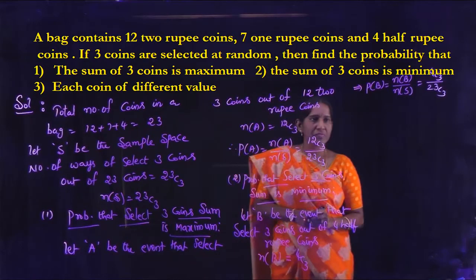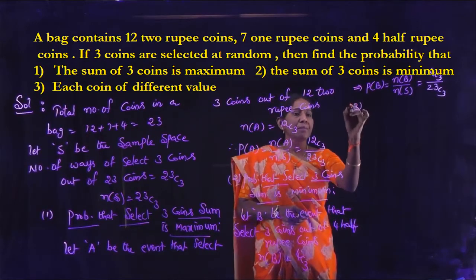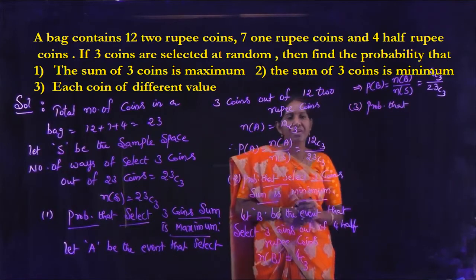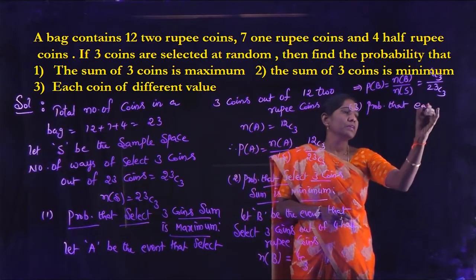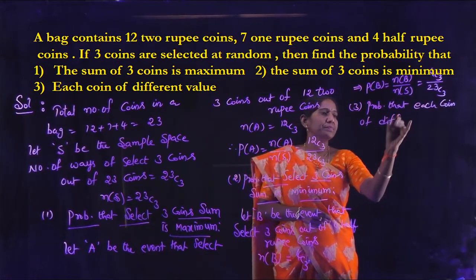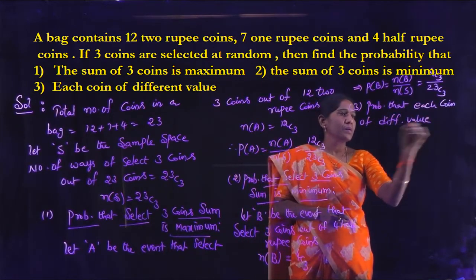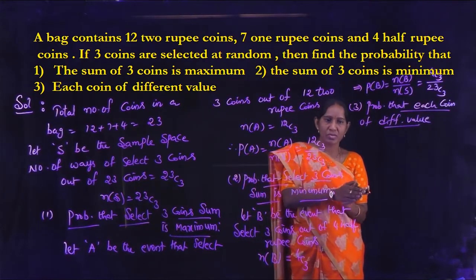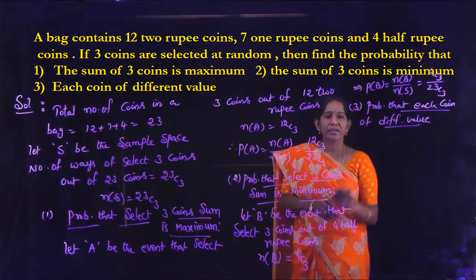Then come to the next one, the third one. The probability that each coin is of a different value. This means we have to select 3 coins out of those 23 coins, each coin of a different value.